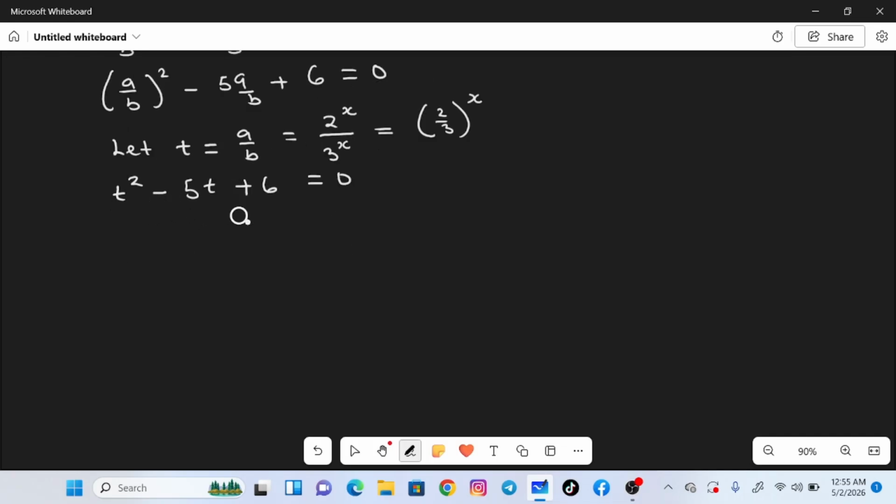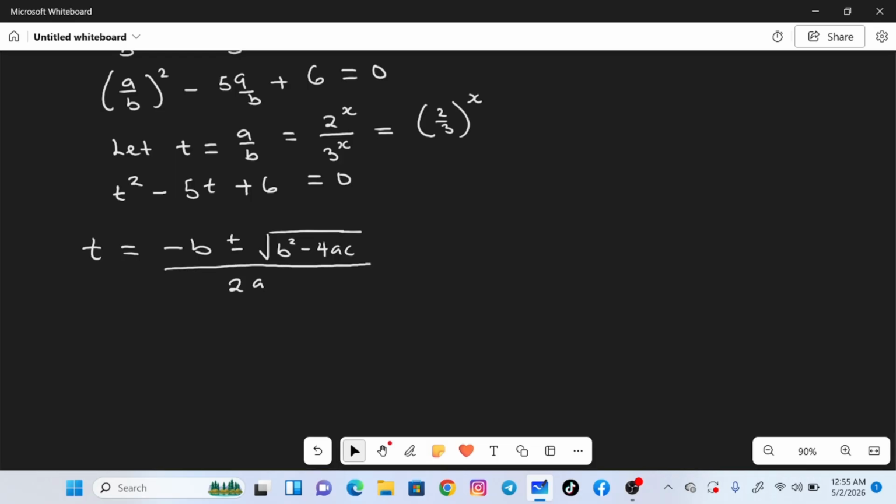Let us solve this quadratic equation using the quadratic formula. The quadratic formula is t equal to minus b plus or minus square root of b squared minus 4ac, over 2a. I want you to note that our standard quadratic equation is at squared plus bt plus c equal to 0.